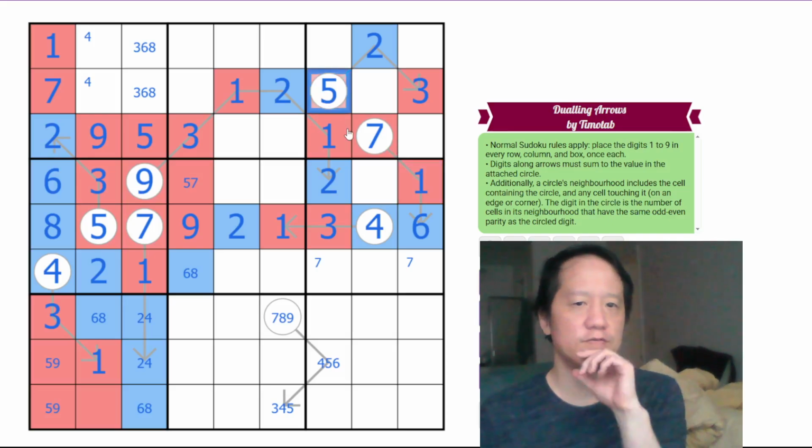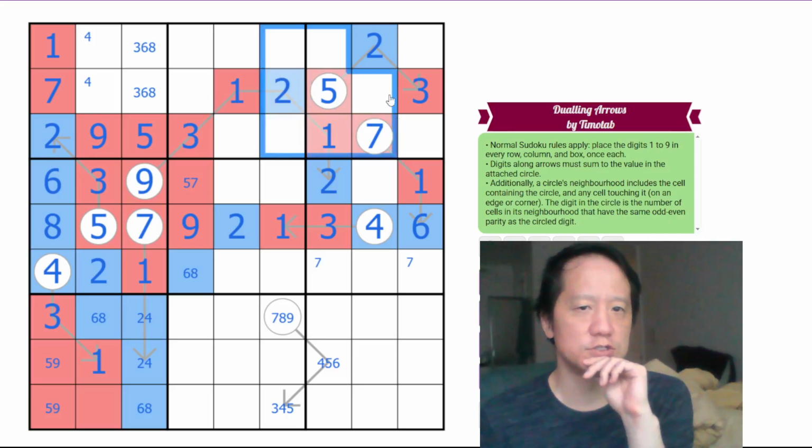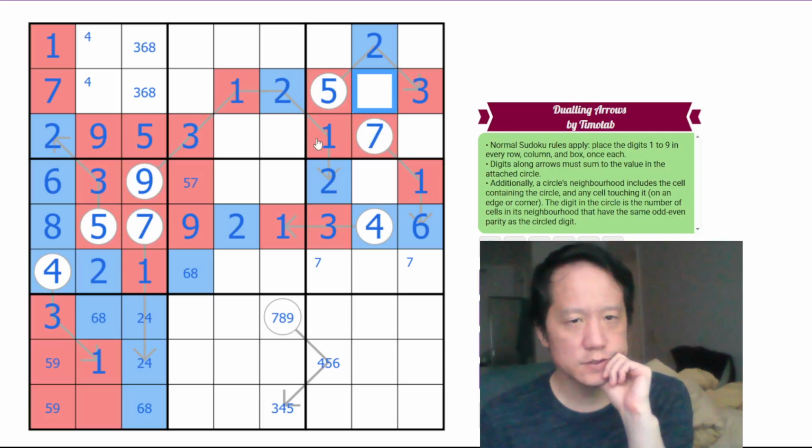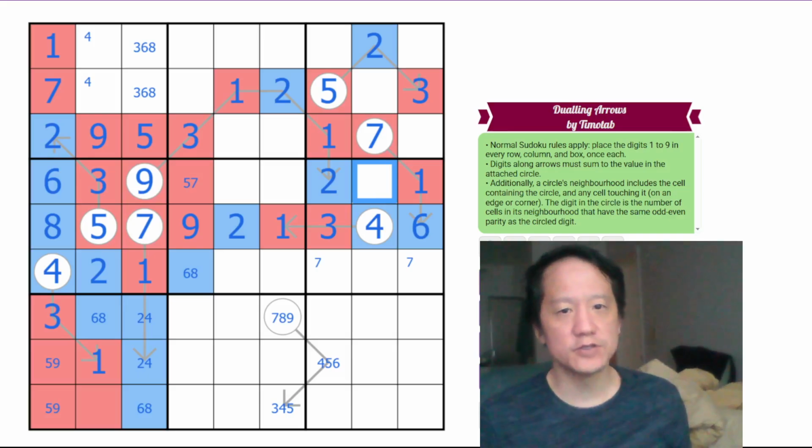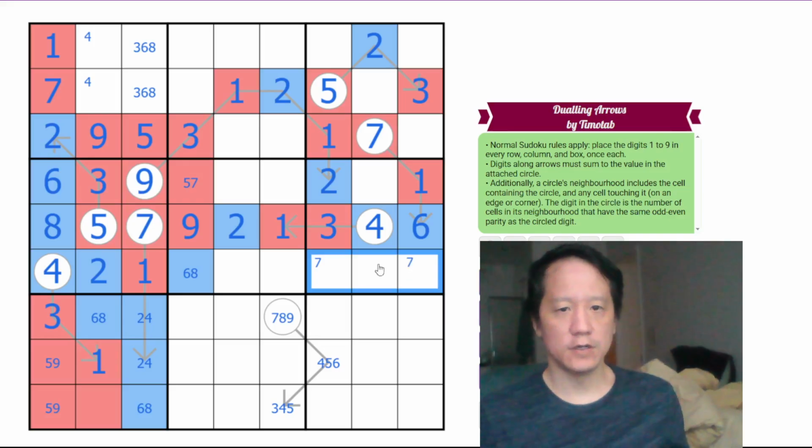This 5 says there are 5 odd digits surrounding it. That means there's 2 more odd digits and 2 more even digits. We're not sure which one's which. What digits can this be? We have 5, 7, 8, and 9.